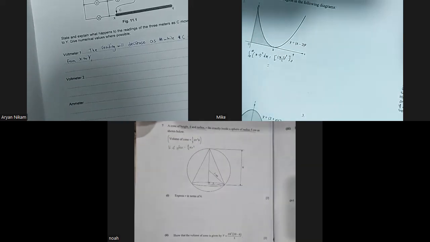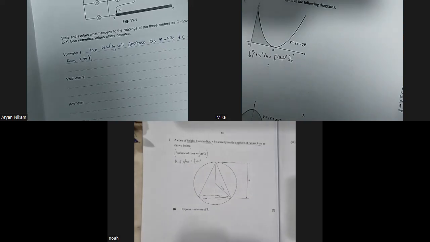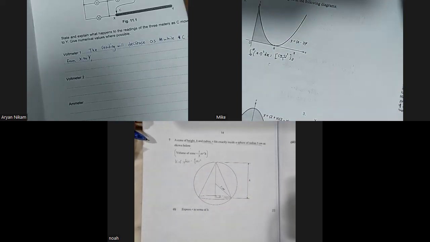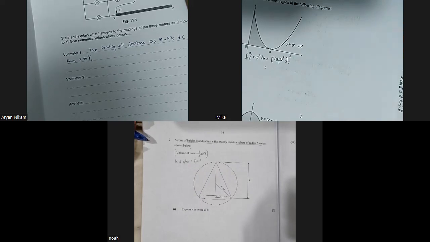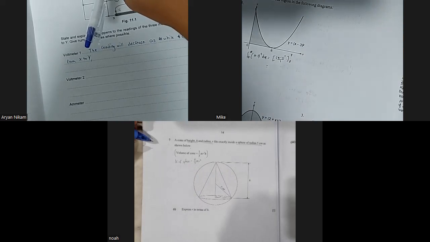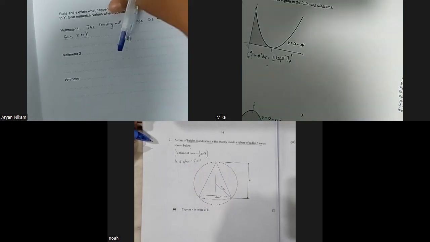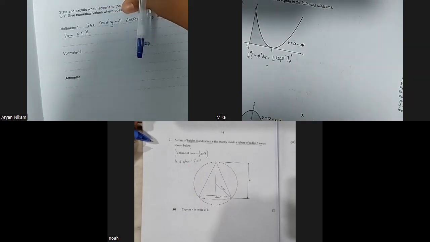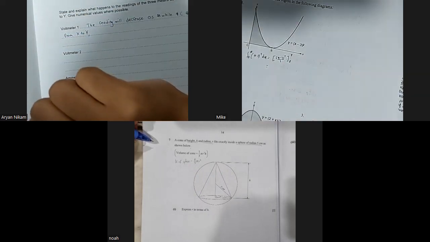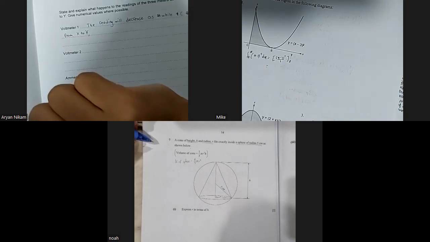And if you need any other volume or surface area formula, I will give you. My question is, are those what you need for part 1? Is that what you need for part 1? Noah, you're saying? I think so.